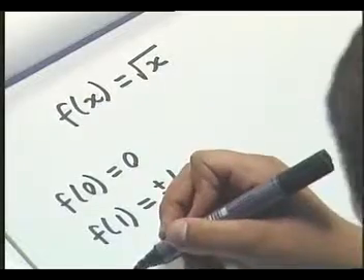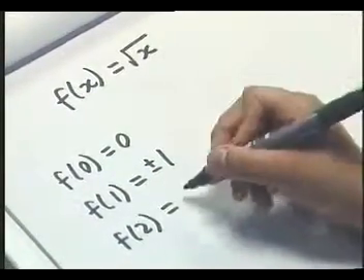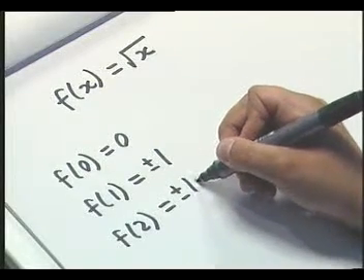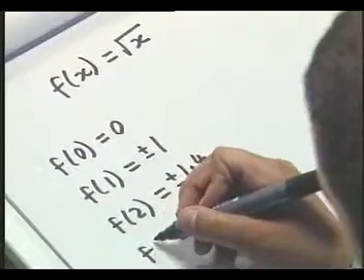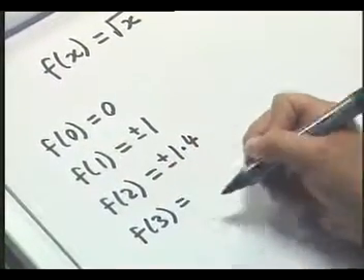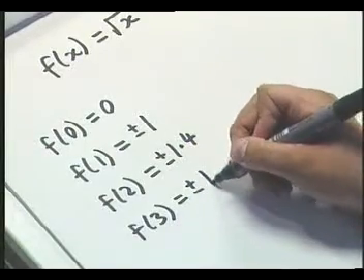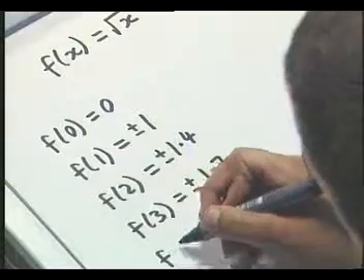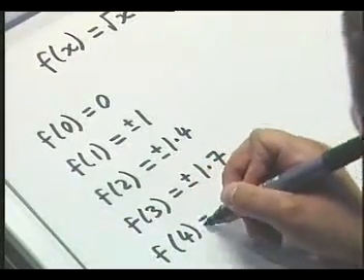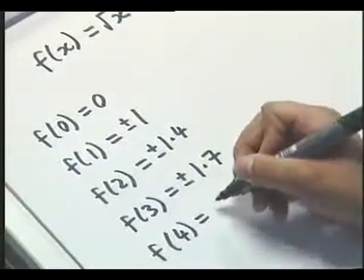F of 2 will give us plus or minus 1.4, just to one decimal place. F of 3, the square root of 3, gives us plus or minus 1.7. And f of 4 will give us the square root of 4, which is plus or minus 2.